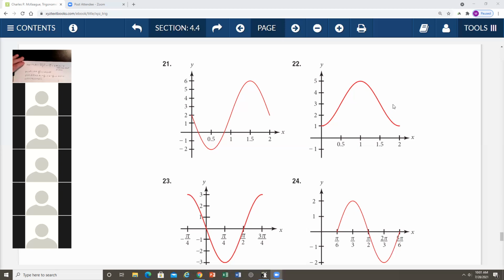The amplitude of this graph would be what? What's the amplitude? Anybody? -2. Okay, well, the amplitude is 2, but you're saying your A would be -2. Is that correct? Yeah, that's right, because it looks like the graph of the basic cosine function has been flipped about the x-axis.